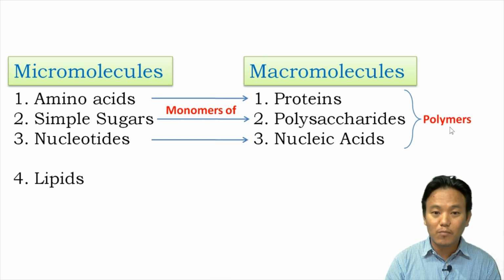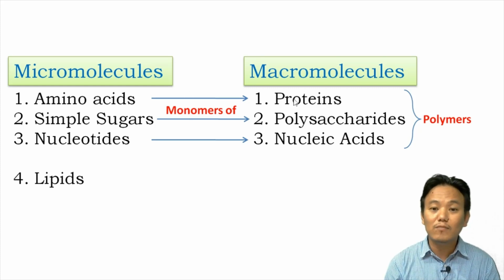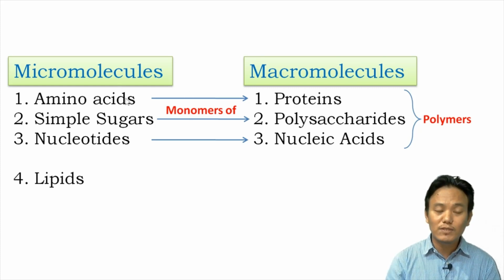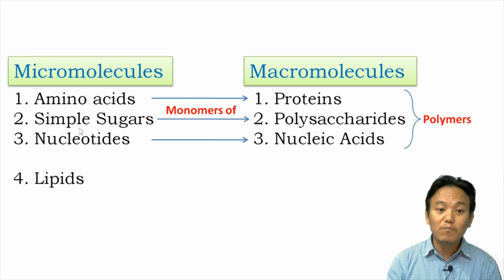Proteins are polymers, but amino acids are the monomers of proteins. A chain of amino acids will make a protein. Same goes for polysaccharides. Polysaccharides are polymers of simple sugars like monosaccharides. So simple sugars are monomers of polysaccharides.